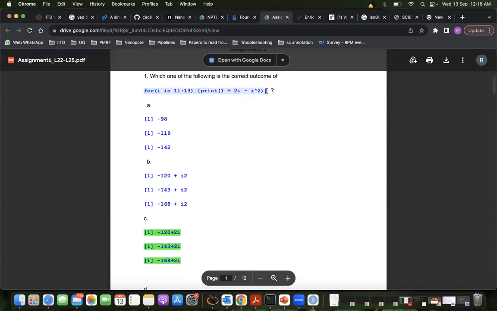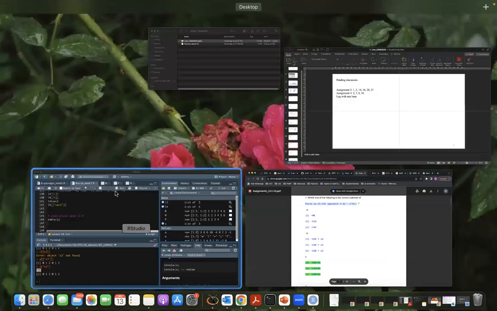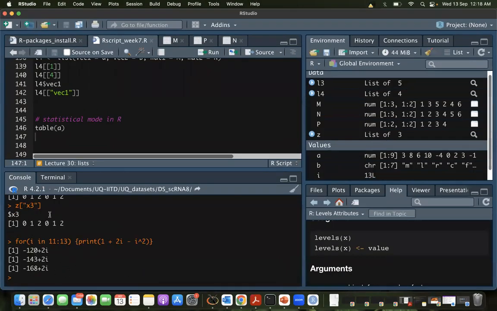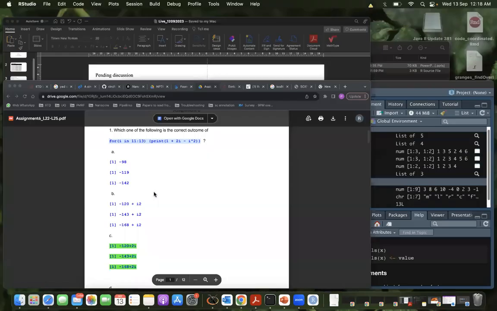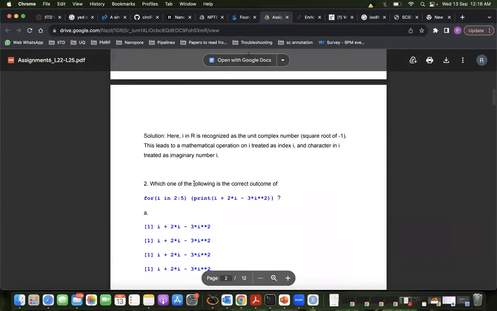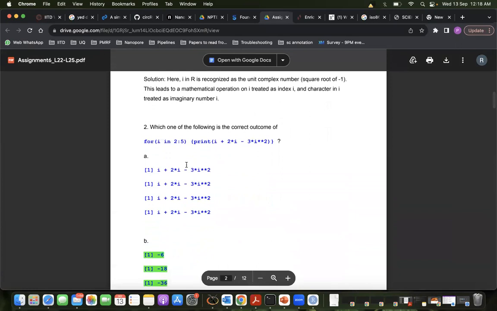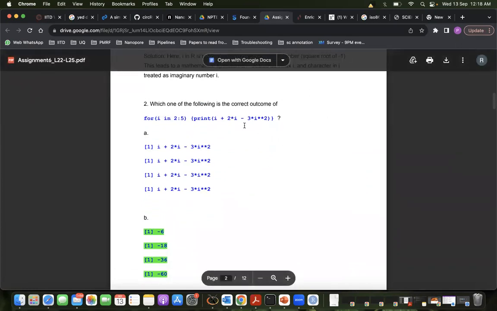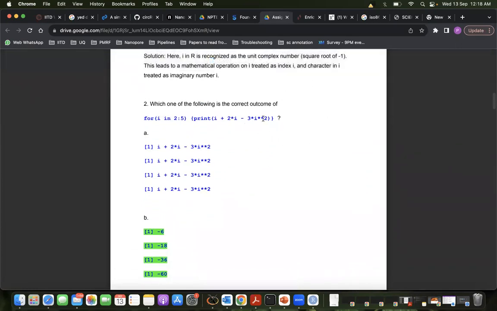You can also check: if I copy this and run it in R, this is what it's going to give you. Okay. So that's there, and this is the explanation given here. Actually, that's not going to be relevant, because here you have written 2 multiplied by i, and here this is 3 multiplied by i.